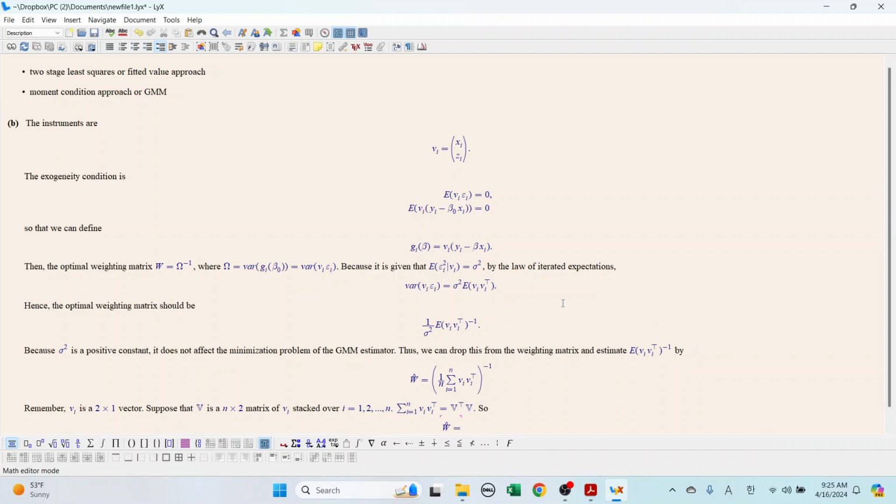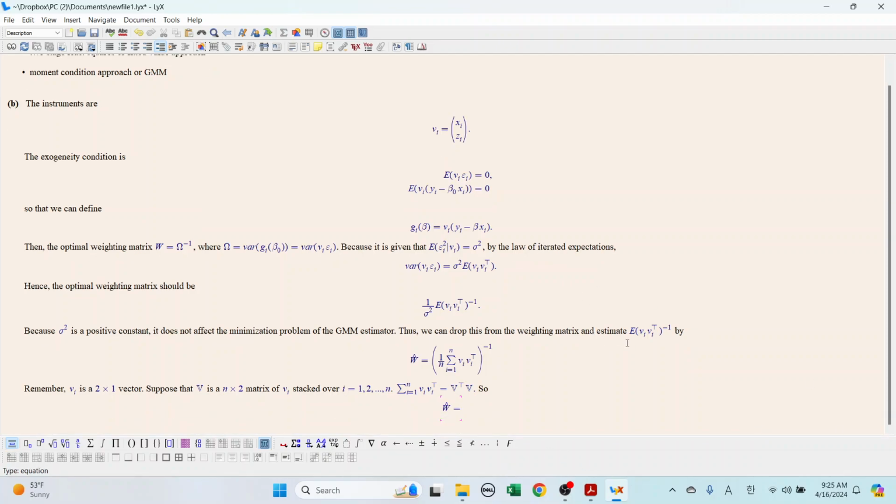Therefore, you may write this as, by the way, for the same reason, 1 over sigma squared does not matter in the minimization problem. Likewise, the same idea holds for 1 over n. So we are going to ignore that.